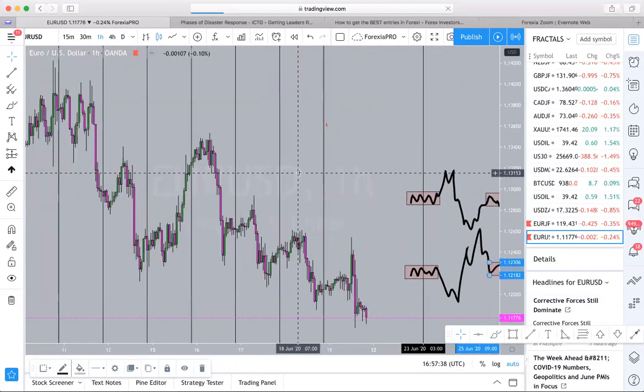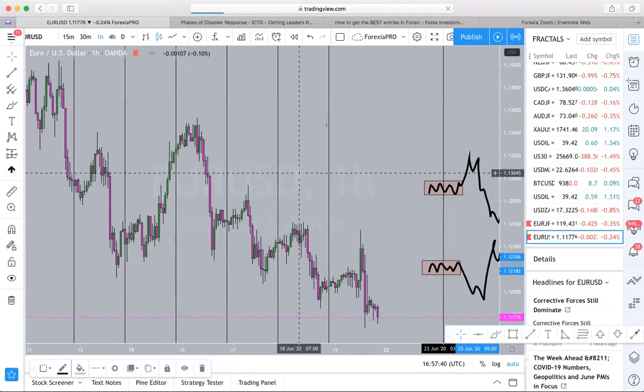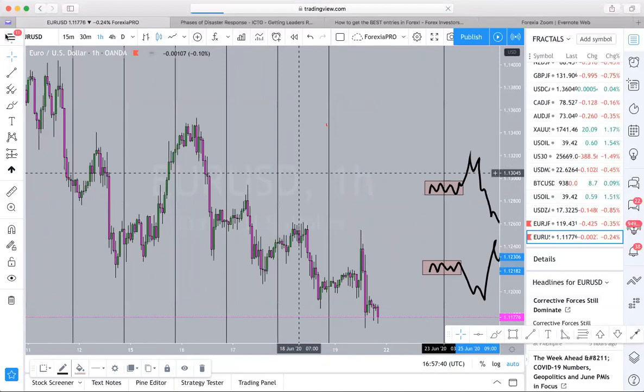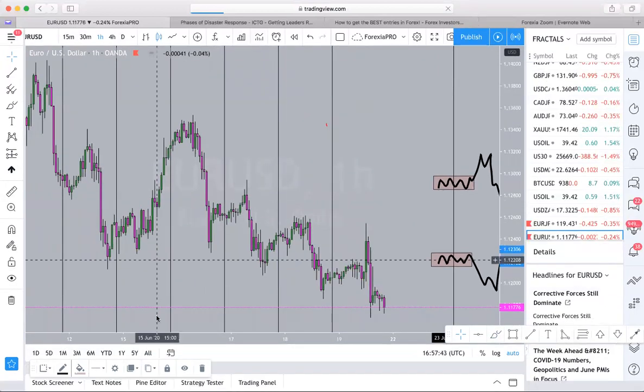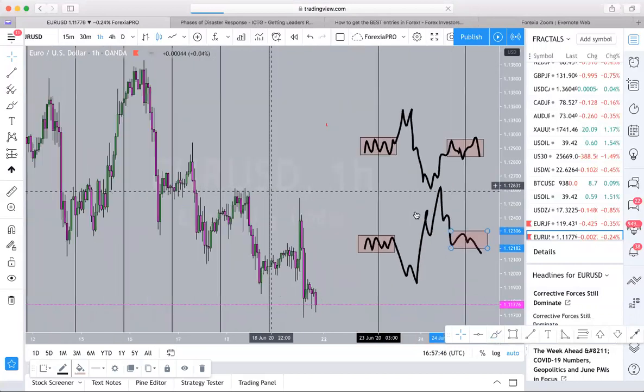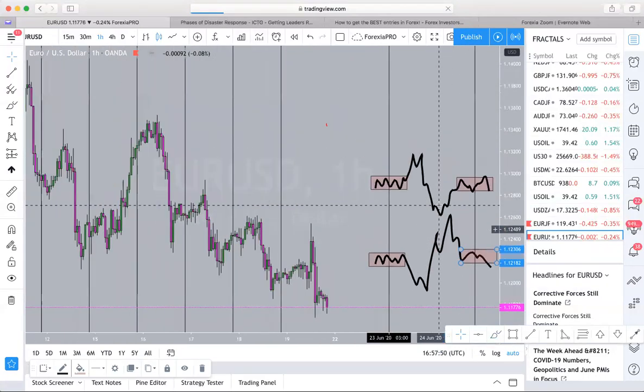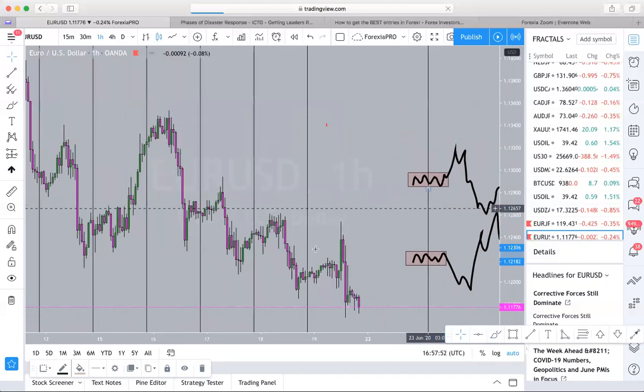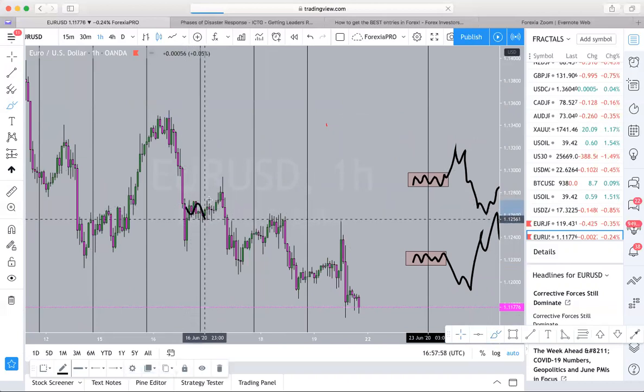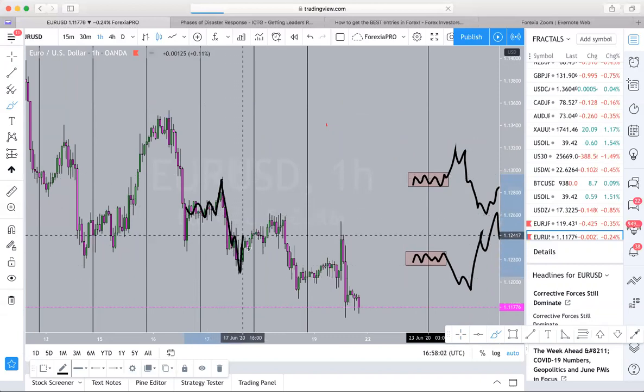Now I'm going to show you guys something that not everyone is able to see because they don't understand market structure. I'm going to show you this exact same pattern here, and I'm going to be able to copy and paste it over and over and over, because the market literally does the same thing over and over and over.